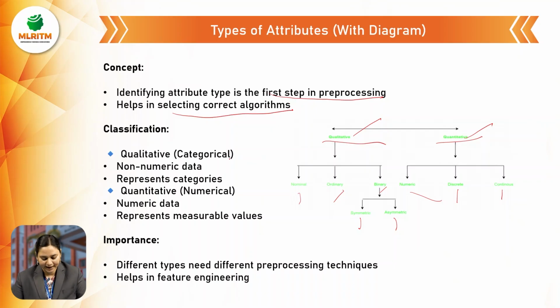Qualitative is categorical and non-numeric data and also represents the categories. But quantitative is numerical, meaning numeric data represents measurable values. One important point is that different types need different pre-processing techniques, which helps in feature engineering.